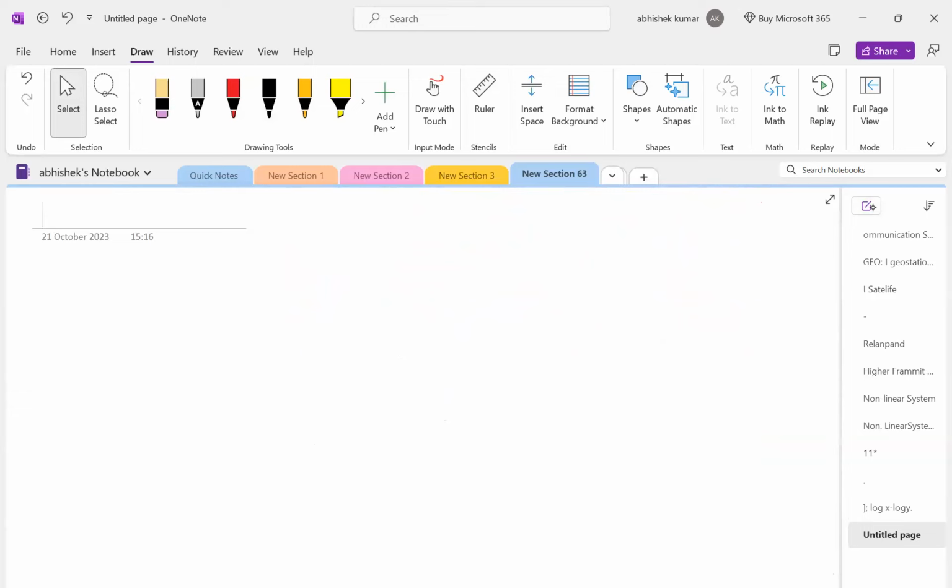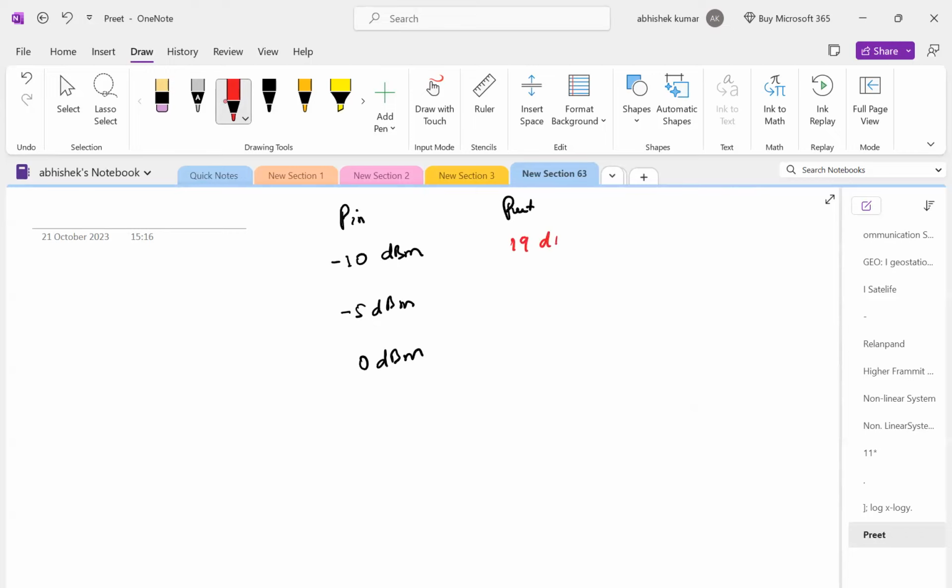Now observe. I'm taking 3 points. When our P input is minus 10 dBm, you can get everything when the gain is linear. What is your P output? Can you tell me? For minus 10, tell me. For minus 5 dBm, tell me. And for 0 dBm, you tell me again. So from minus 10, it's 19. Yeah, we can say it is around 19 dBm, right?